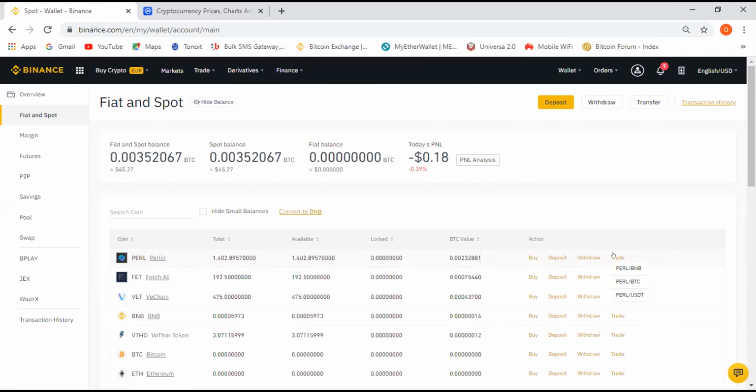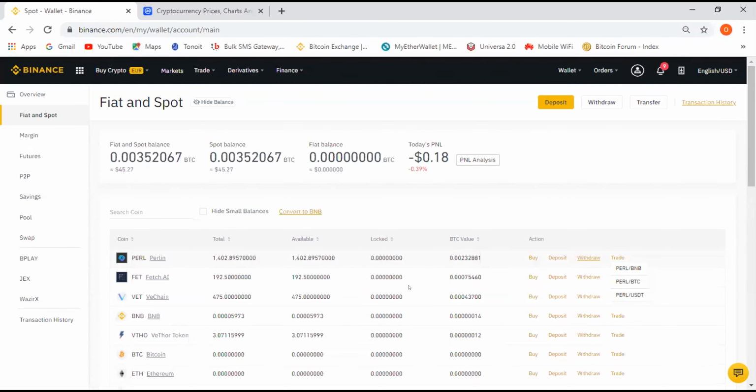You can pay into Binance in Naira if you're in Nigeria. You can move USDT, Bitcoin, or any cryptocurrency you have from your wallet. You can transfer it into Binance by just getting the deposit address of that particular coin.